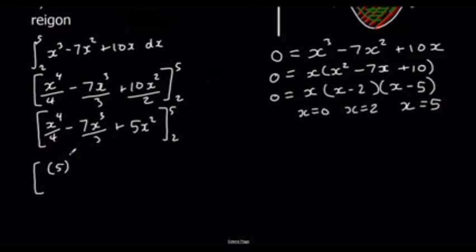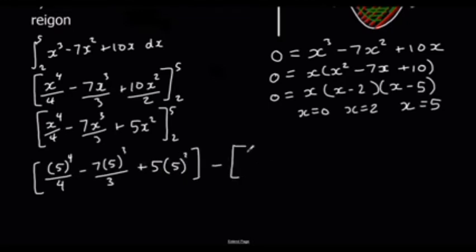So I've got 5 to the power of 4 over 4 minus 7 times 5 cubed over 3 plus 5 times 5 squared, take away 2 to the power of 4 over 4 minus 7 times 2 to the power of 3 over 3 plus 5 times 2 squared.